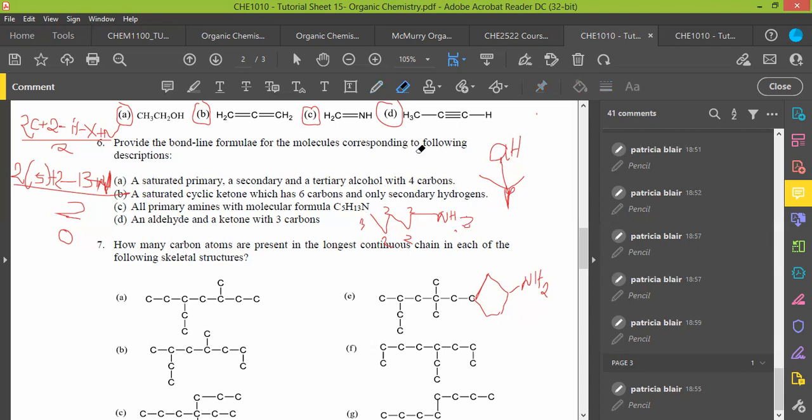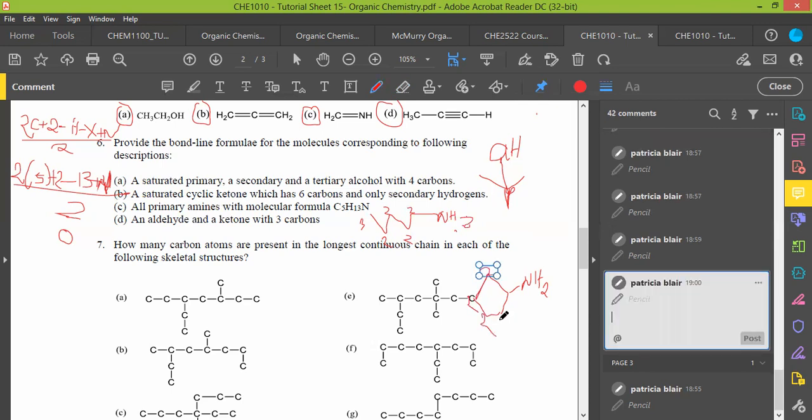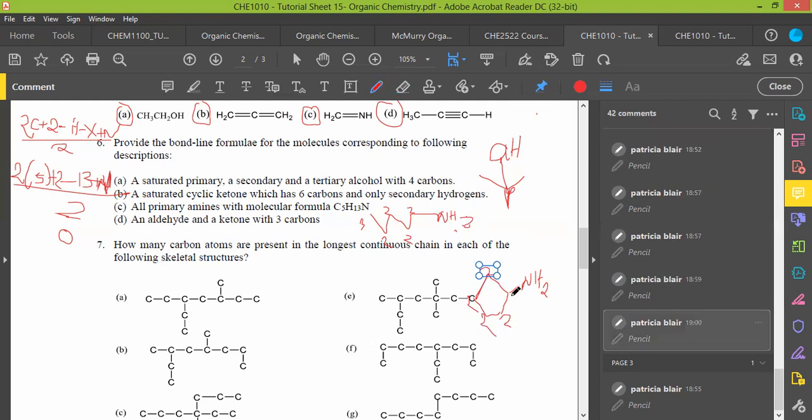This one will not match the description because it is cyclic. Unless your IHD calculation was 1, then you can say you have a cyclic molecule like this. So this won't match. So check, you have 5 carbon atoms, but you have 2, you have 2, you have 2, you have 2, and you have 1 there.